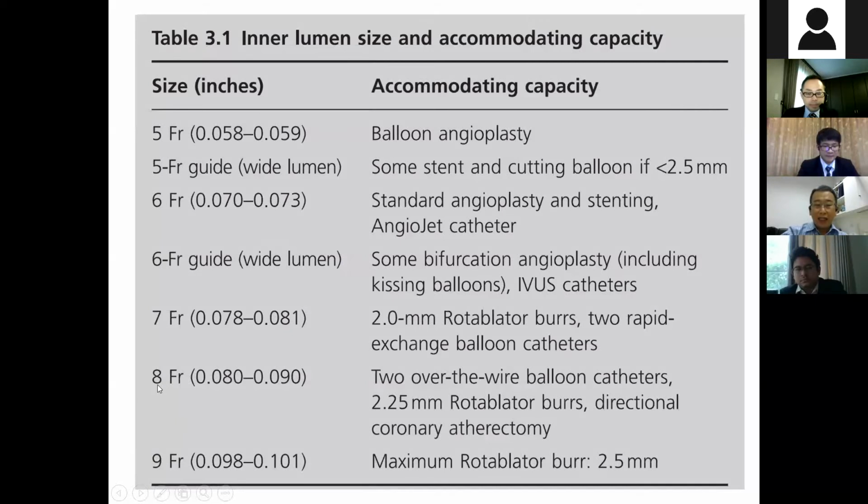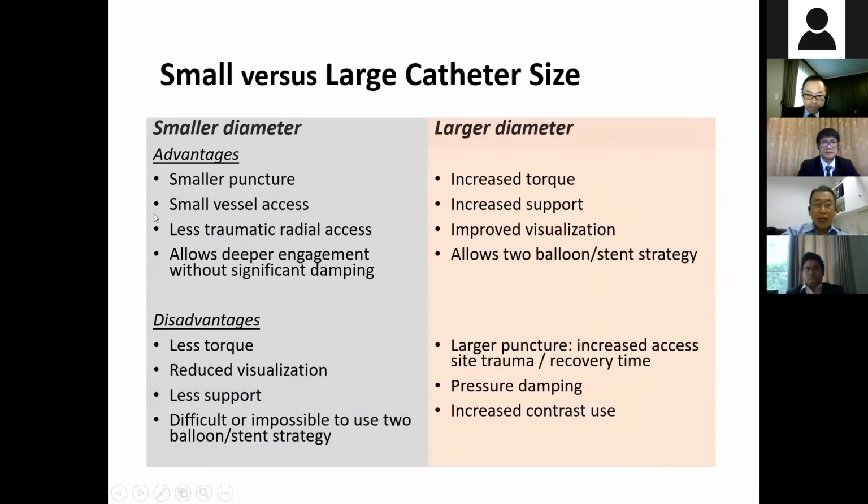But for the very big rotaburr or complex devices such as directional coronary atherectomy, you need a very big catheter such as 8 to 9 French. The advantage of the small catheter is that you have a smaller puncture, a smaller vessel access and less trauma, and even less bleeding complication, and it allows deeper engagement in case you need active support.